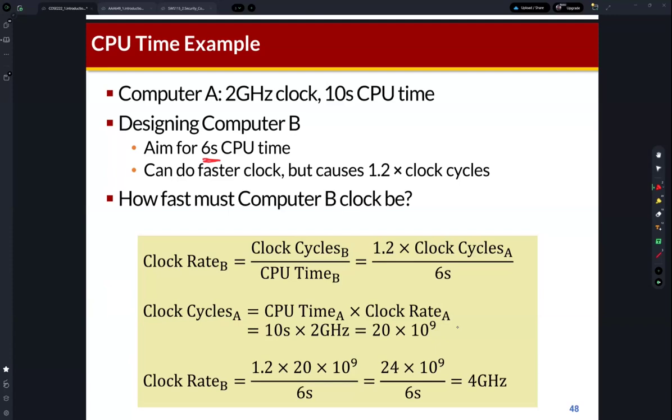But we can use a faster clock, although the number of clock cycles is increased. Then how can we set the clock frequency of computer B to achieve 6 seconds of CPU time?